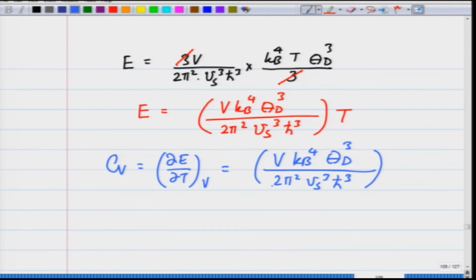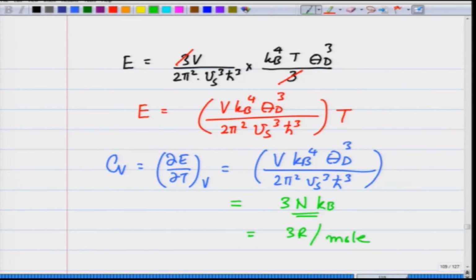I leave it as an exercise for you to show that by substituting theta_D and all those things together, this actually is 3N k_B, and therefore, per mole it comes out to be 3R per mole.